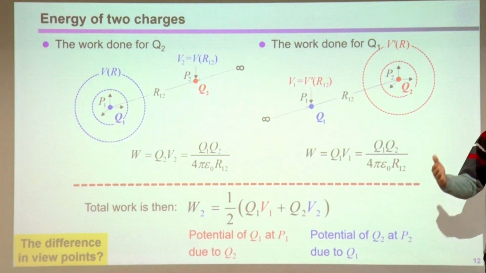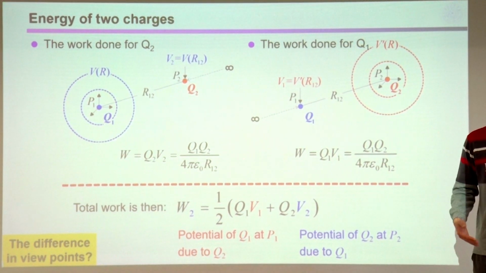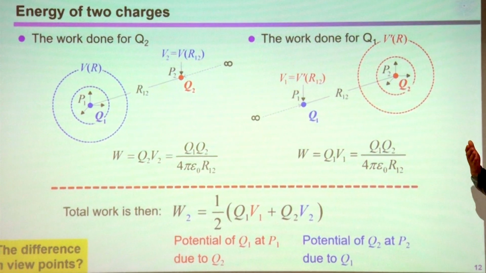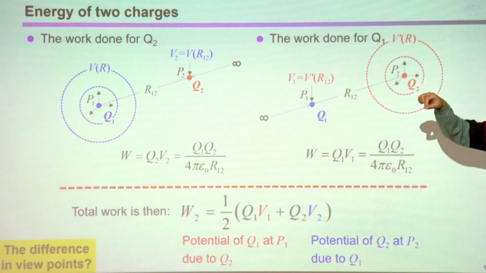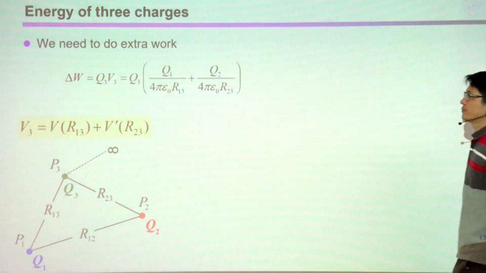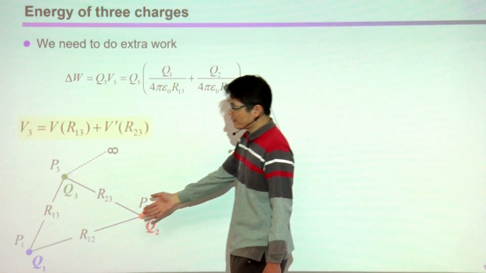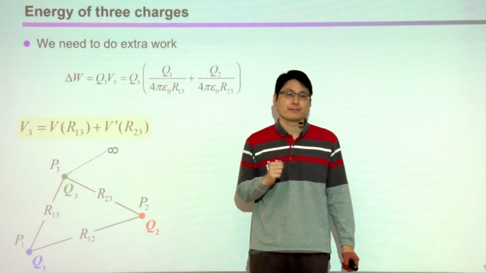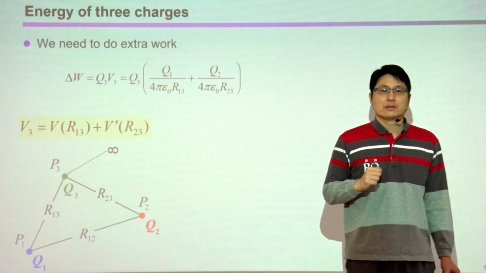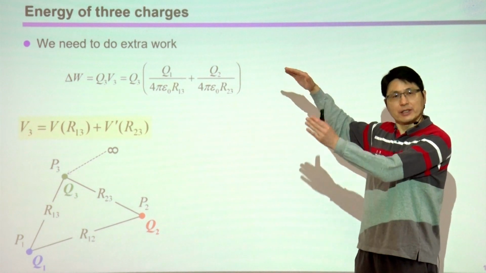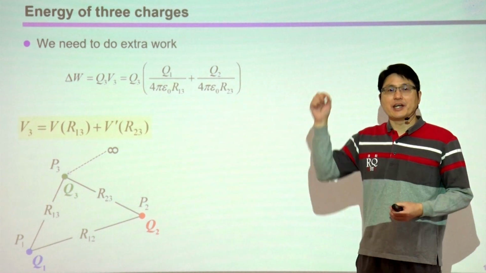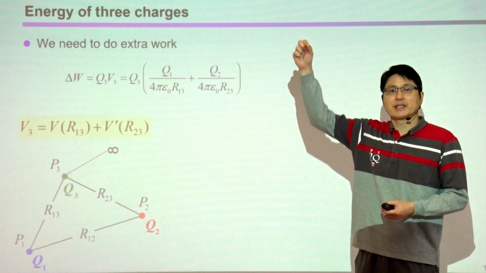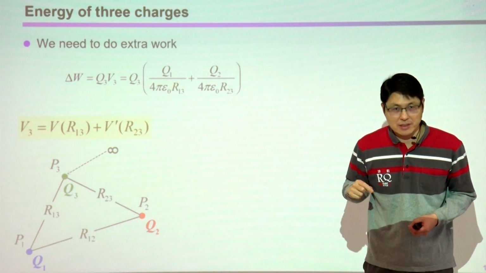So let's try to increase the complexity of the system. What happens if we have the third charge coming in? Alright, so now I have charge 1, charge 2, and charge 3. Again, I'm still looking at this problem in a charge by charge coming in sequence.